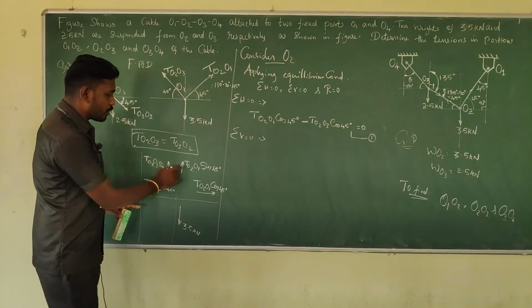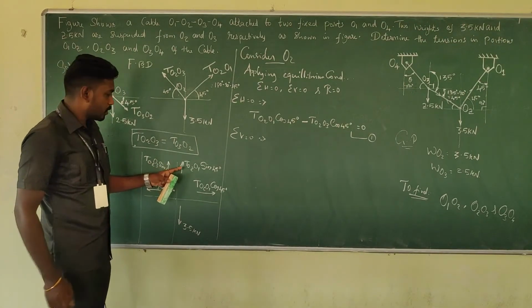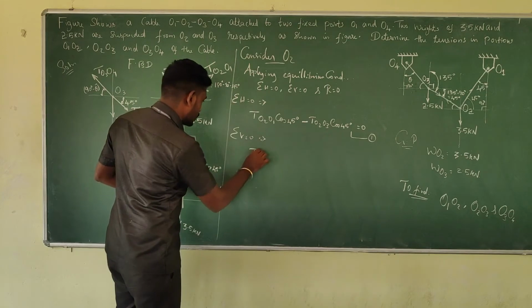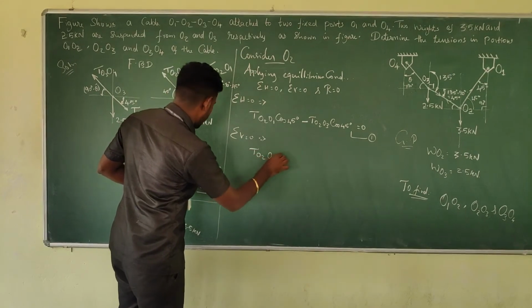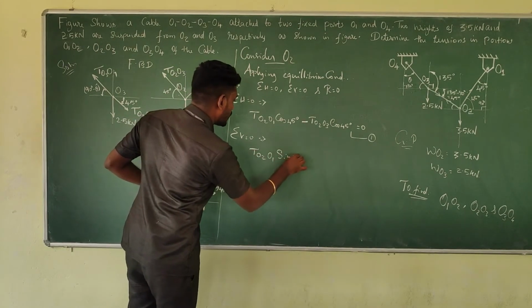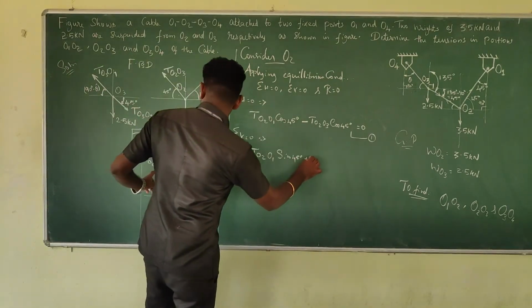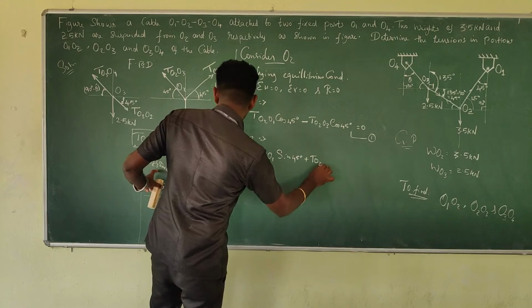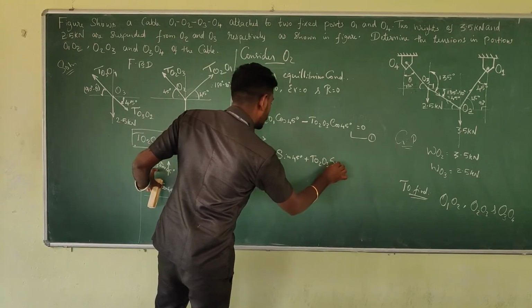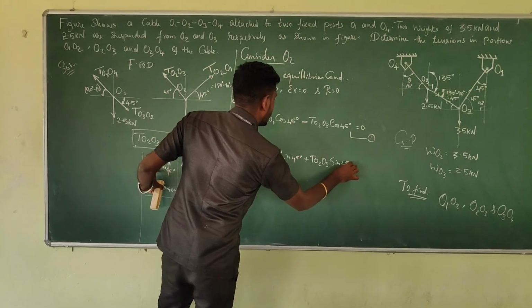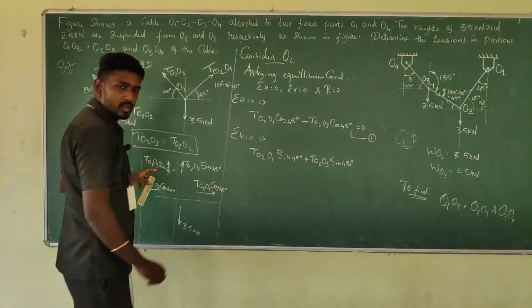So both the forces are a positive sign. Okay, so plus TO2 O1 sine 45 degree plus TO2 O3 sine 45 degree.